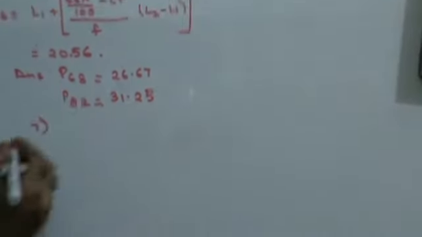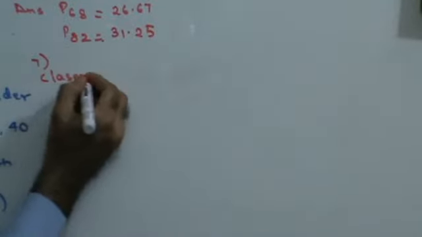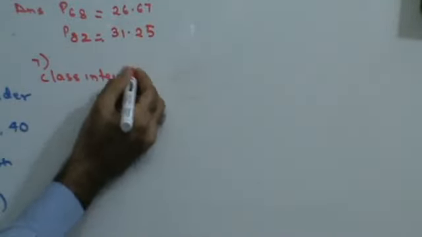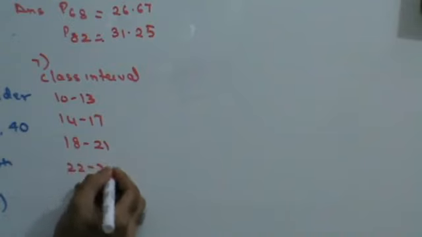They have given you the class interval as 10 to 13, 14 to 17. The class interval is not continuous. Remember, I just taught you this: 18 to 21, 22 to 25 and 26 to 29.